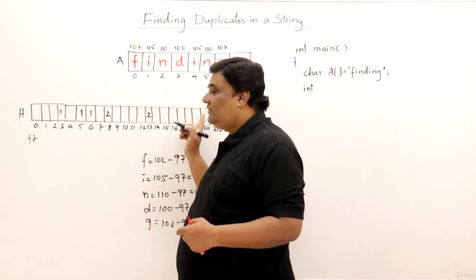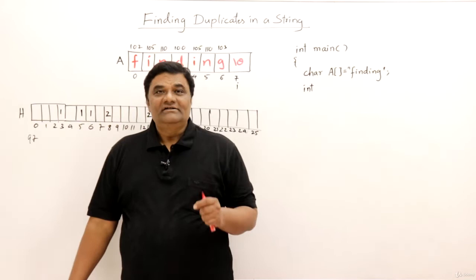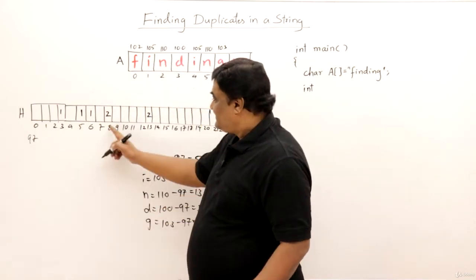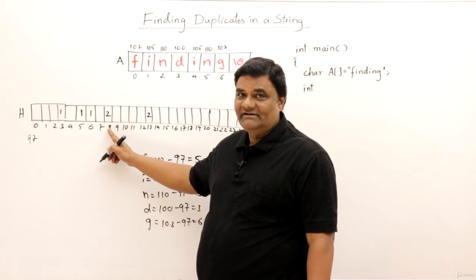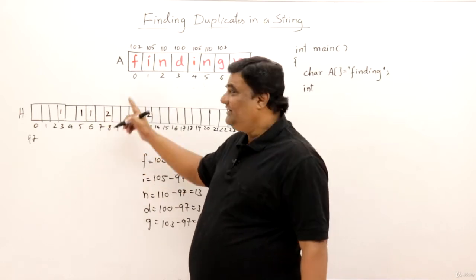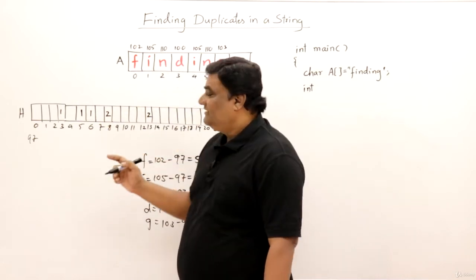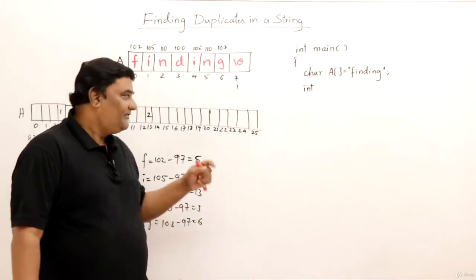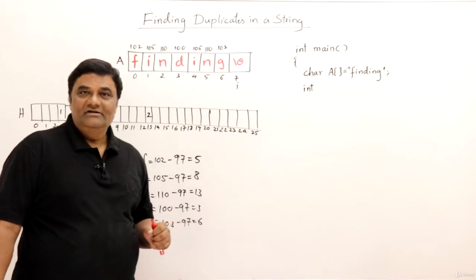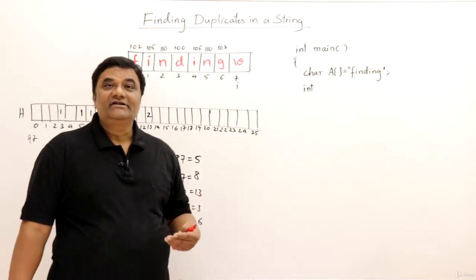Likewise, we know the counting of each and every alphabet in the string. So if you want to know what this one is, add 97 to this. 97 plus 8. So this is 105, and 105 is I. That's how we can get back the alphabets, by adding 97 to the indices of the hash table. Right? So this is how you can count.